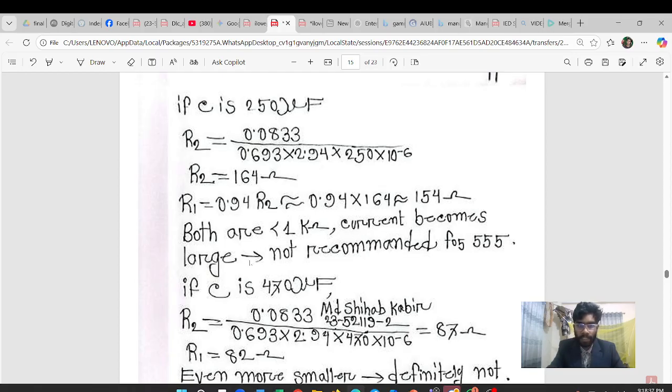Current becomes large, not recommended for 555. We know from Ohm's law, if resistance is high, current is low; if resistance is low, current is high.